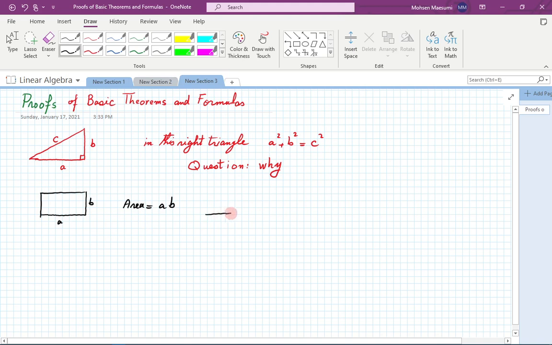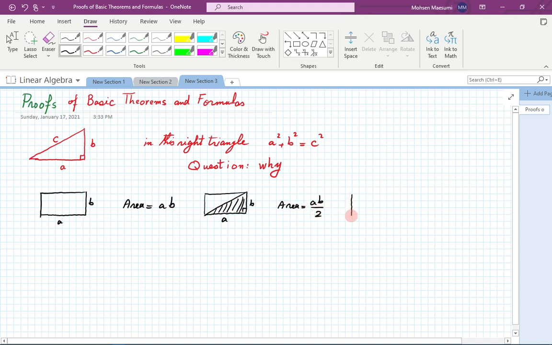Next up, what if I have a right triangle and the sides are a and b? What's the area of that? Well, you might say, let's complete our rectangle, and this is half of that rectangle, so it stands to reason to say that the area of this is half of the area of the rectangle we had over there, which is a times b over 2.